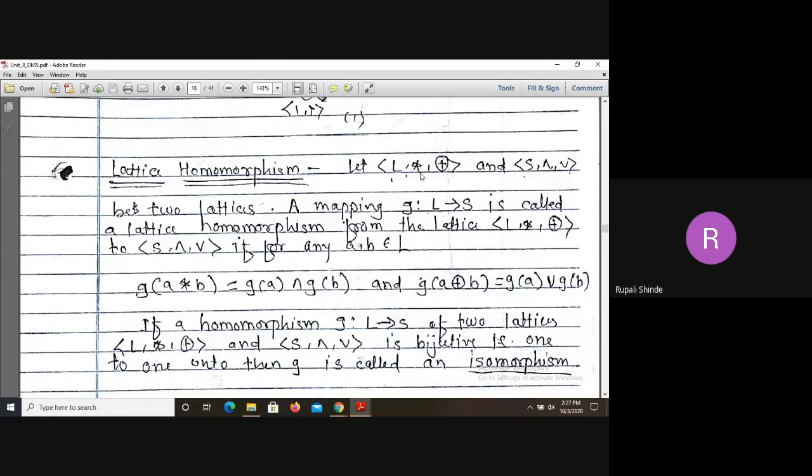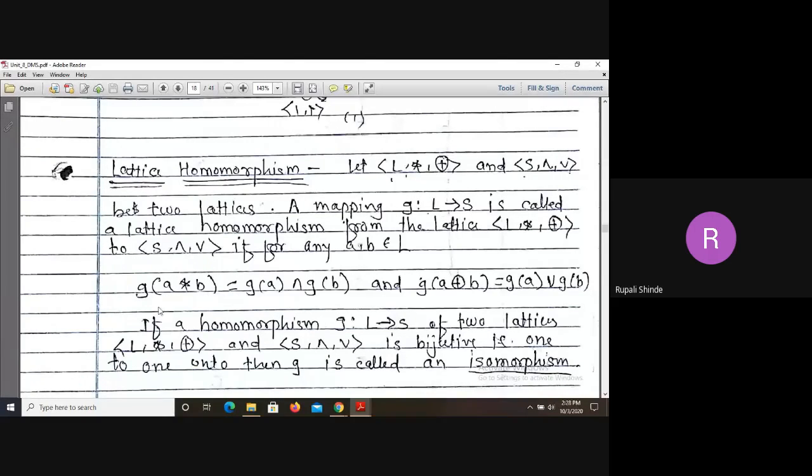Then we can consider the first operation from this lattice L as the star operation. So now apply this star operation on these two elements as A star B. Now we have to apply this function g on that A star B. So that is written here, g of A star B.